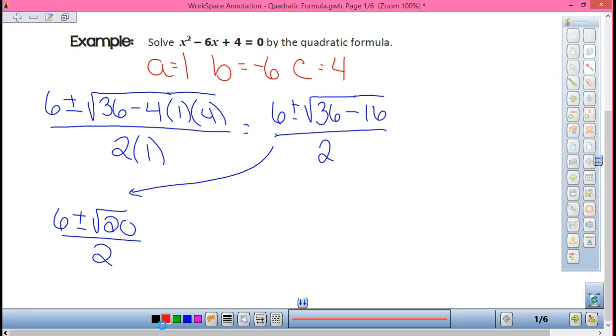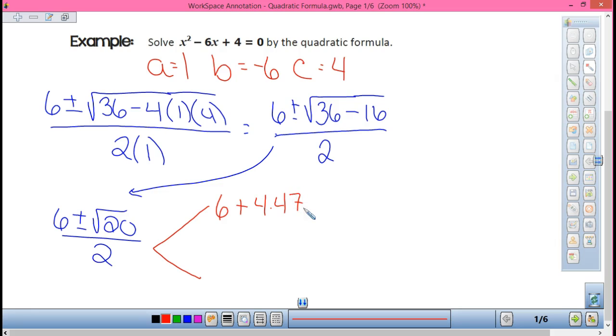Okay, now when we get to this point, we need to split it into 2, because we're going to split it into plus and minus. A lot of times what I do is draw my 2 little lines right there. So I'm going to go 6 plus, what did you get for the square root of 20? 4.47.